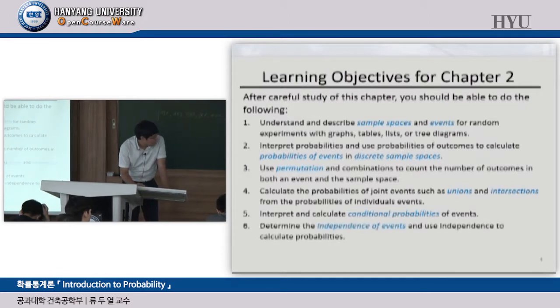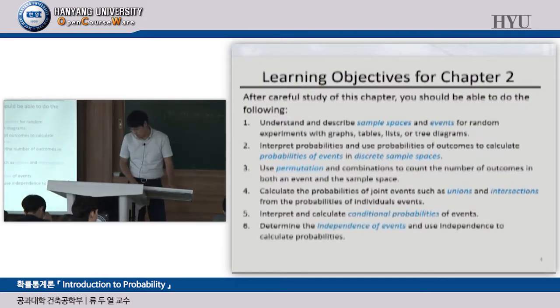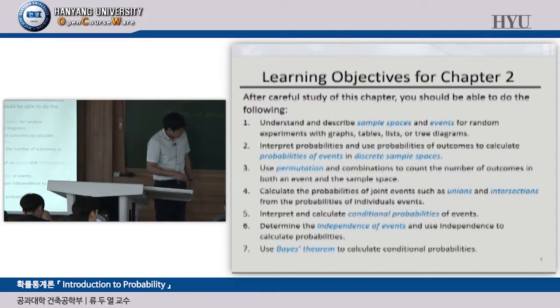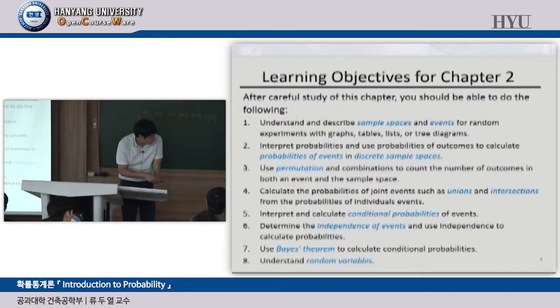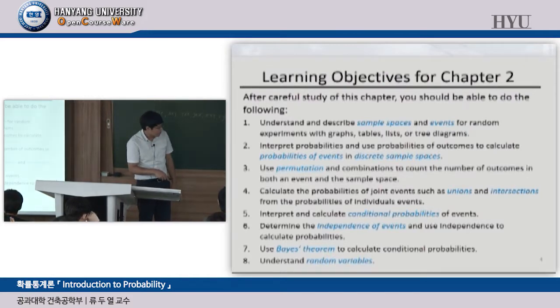And we can determine the independence of events and use independence to calculate the probabilities. And after finishing this chapter, we are going to study about the Bayes theorem. We can use the Bayes theorem to calculate the conditional probabilities. And finally, we can understand what the random variables are. This will be discussed at the end of this chapter.